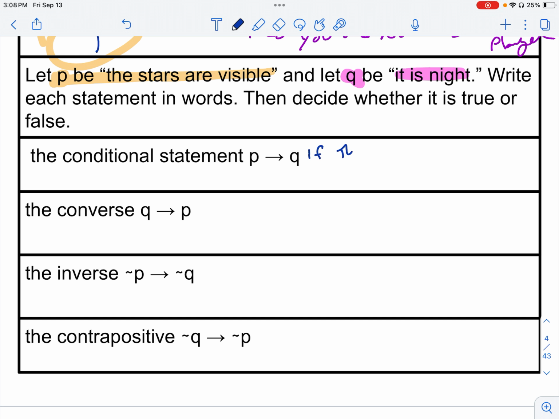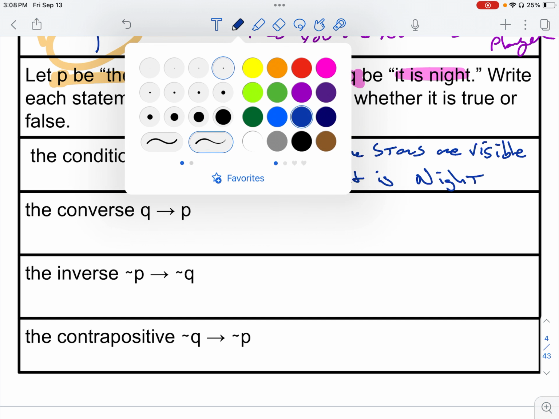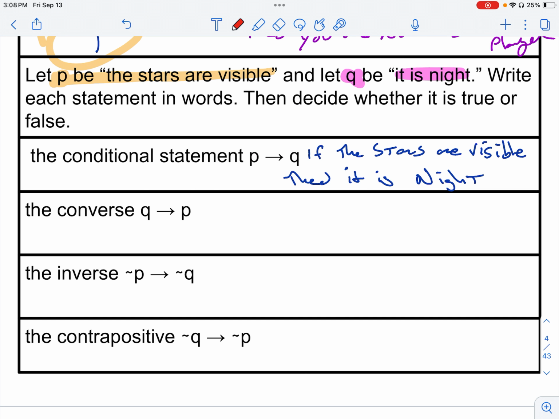So if the stars are visible, then it is night. Okay, so if I can see the stars, the sun's not out, the sun's not in the sky, it has to be night.